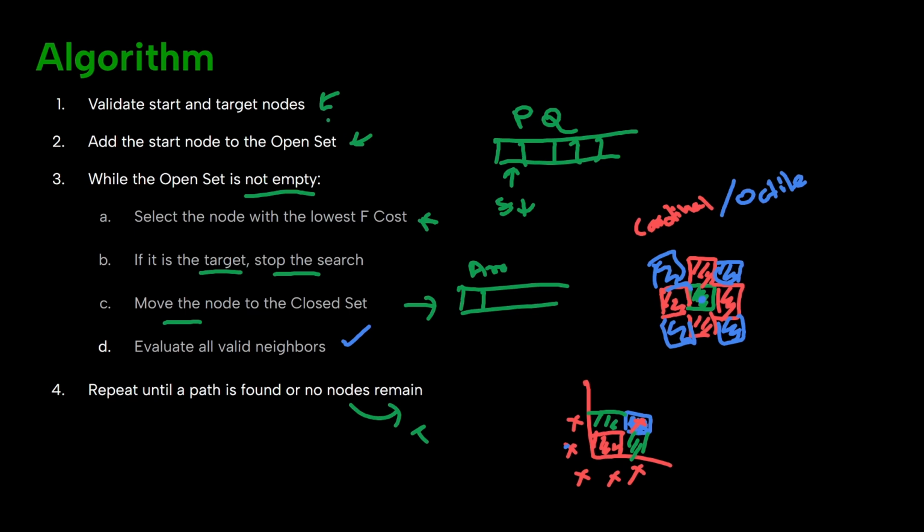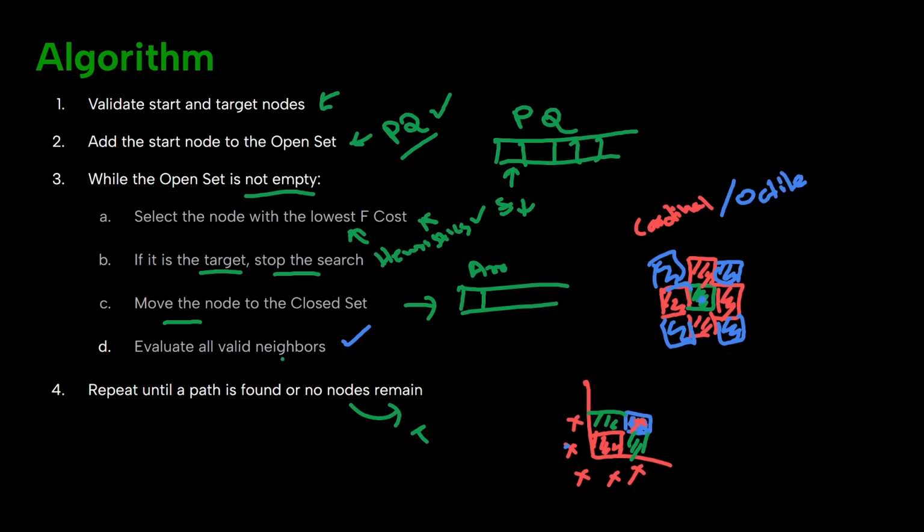And in order to implement this algorithm, basically right here at the open set, you need to be familiar with priority queues, which we have already done. And in order to determine this cost, you have to be familiar with heuristics, which we have already discussed.